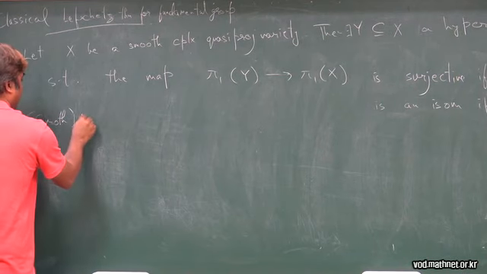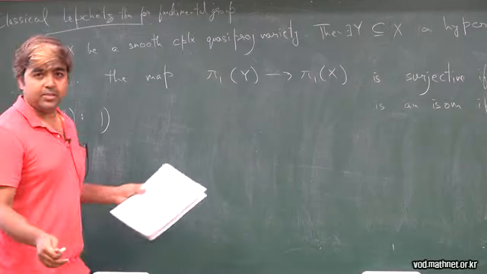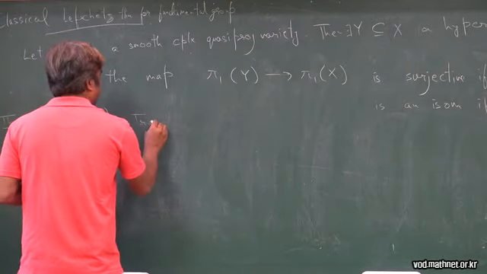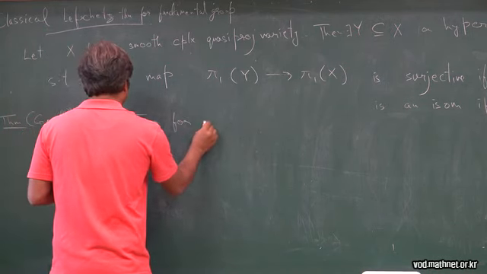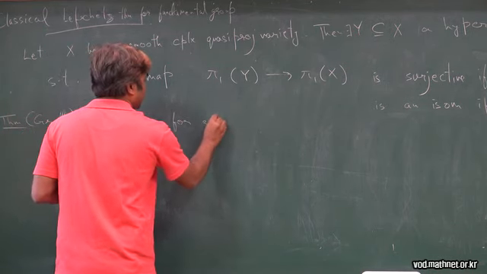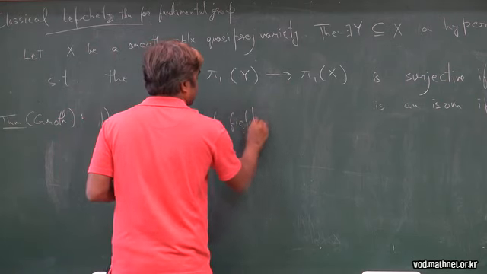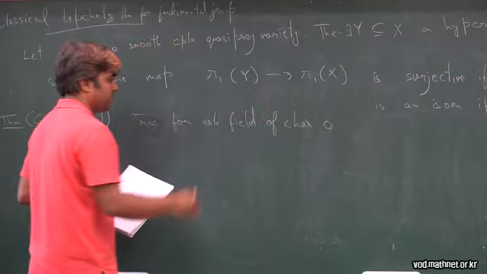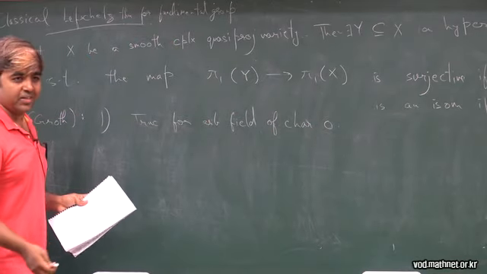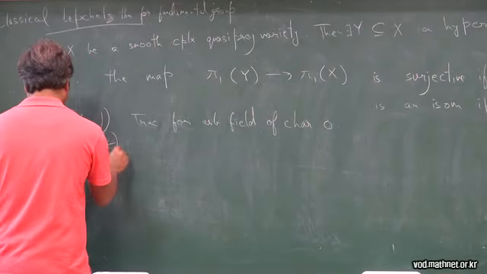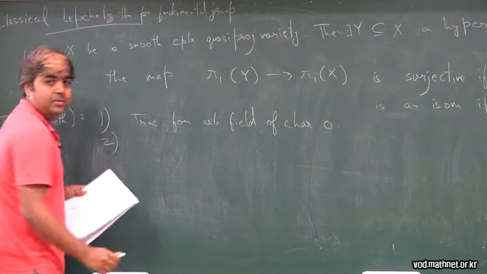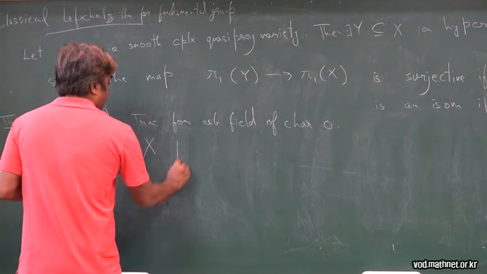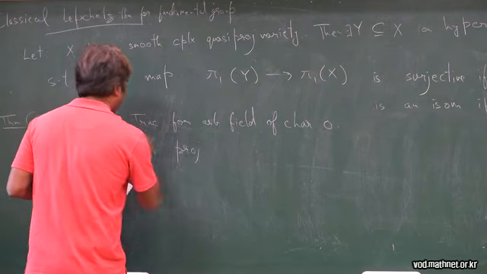So maybe instead of rewriting this, I'll say in what cases this is true. It is true for an arbitrary field of characteristic 0. I think even this part is sort of due to Grothendieck; his machinery gave it for an arbitrary field. If you take X projective, so many things are there.